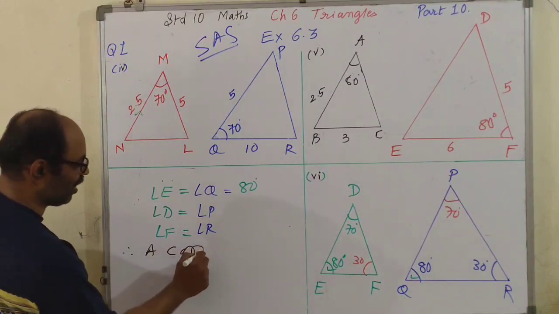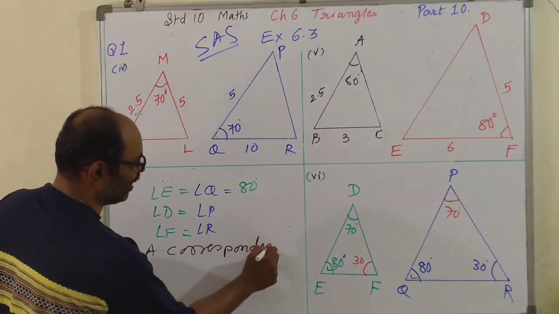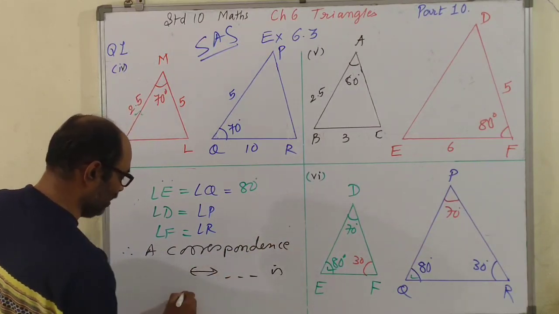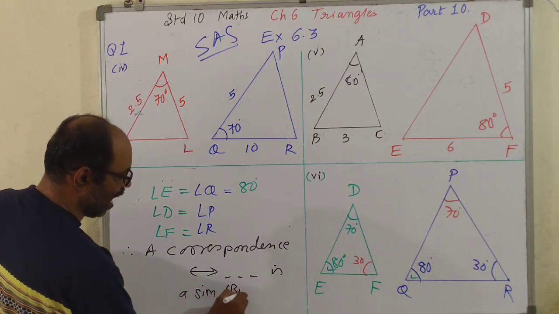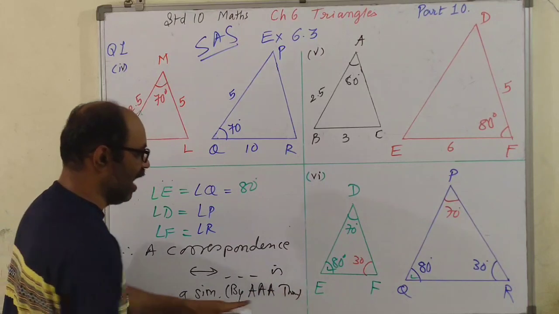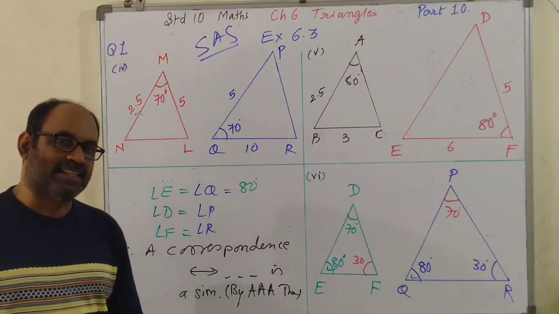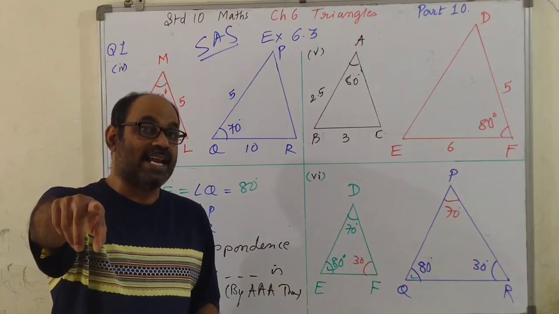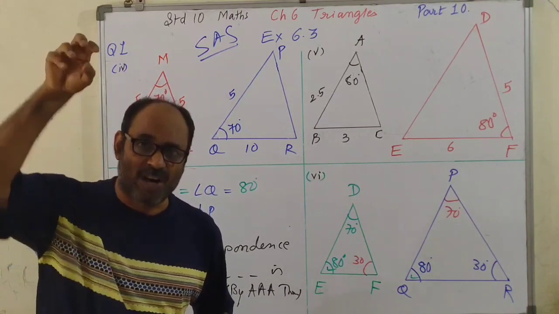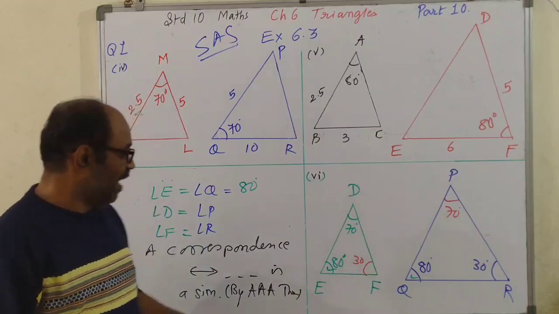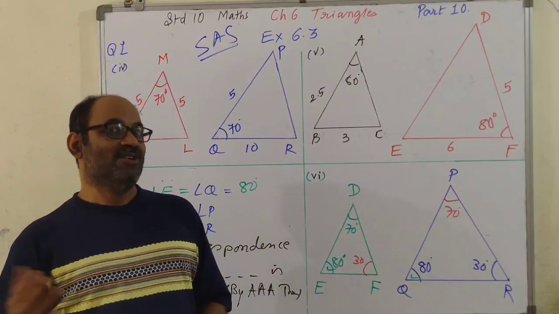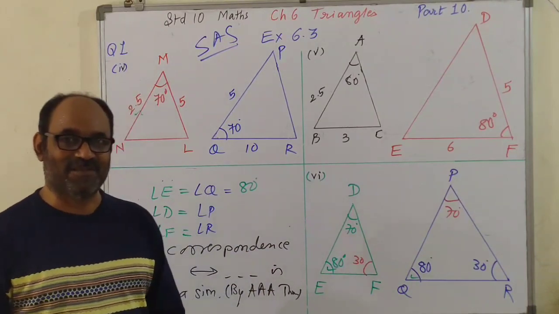Therefore, the correspondence corresponds to dash dash dash is a similarity by angle theorem. Children, I told you we will never be using angle theorem and we will use only angle criterion. But angle criterion is not given in your textbook. So better we use AAA and be safe so that your marks are not cut in the examination.